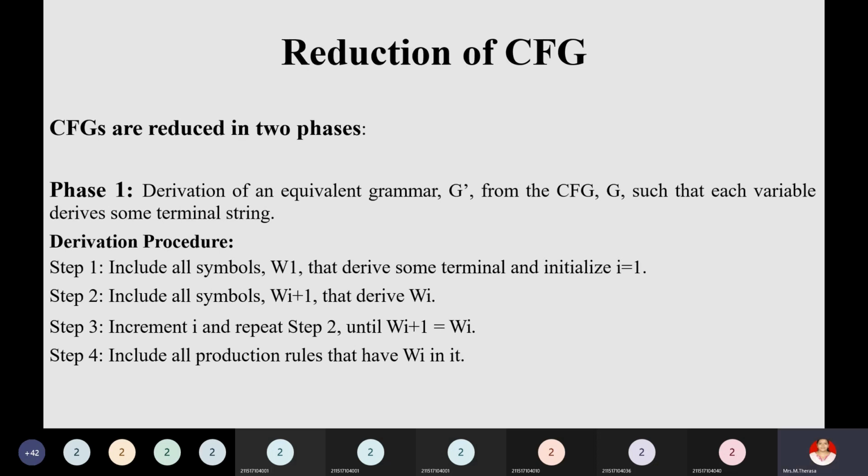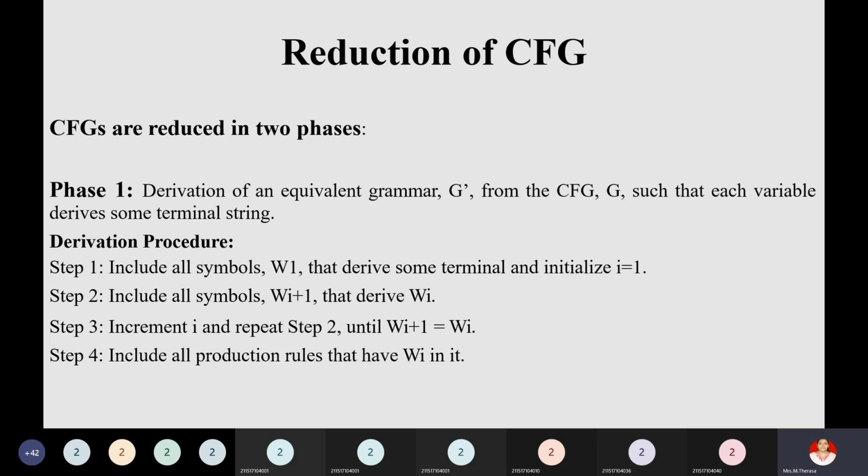First, we'll see reduction of CFG. The CFG is reduced in two phases. Phase 1 is the derivation of an equivalent grammar G dash from the grammar G such that each variable derives some terminal string. We can reduce a grammar in two different phases. In the first phase, you are going to fix that if you have a variable, it should produce some terminal string.